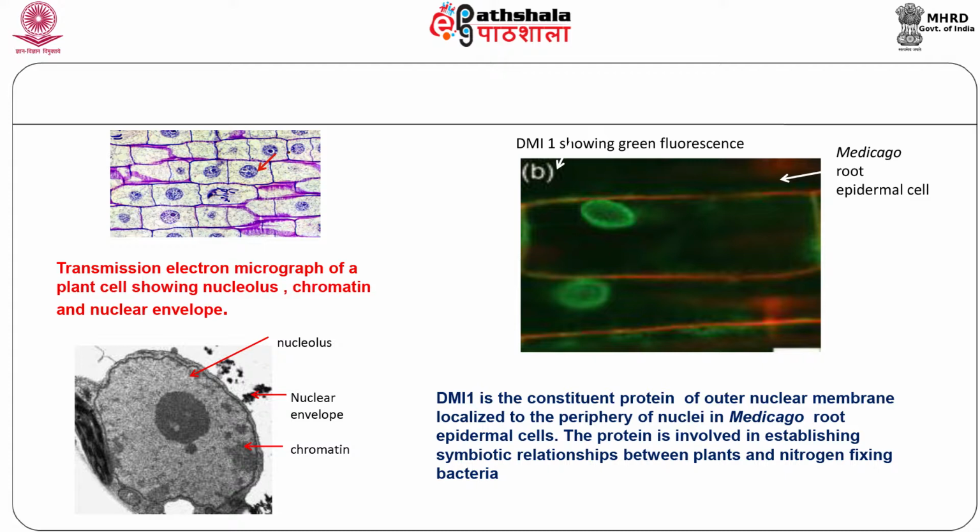The double membrane is called nuclear envelope. These two membranes, that is outer nuclear membrane and inner nuclear membrane, have space between them which is called as perinuclear space. This nuclear envelope separates cytoplasm from the nuclear contents.